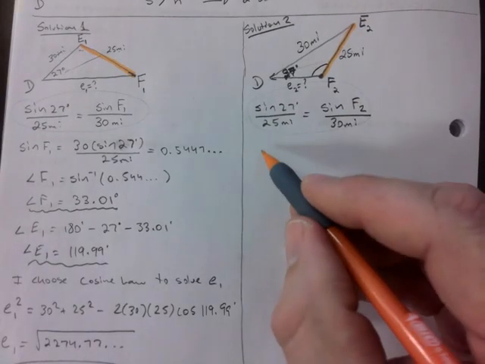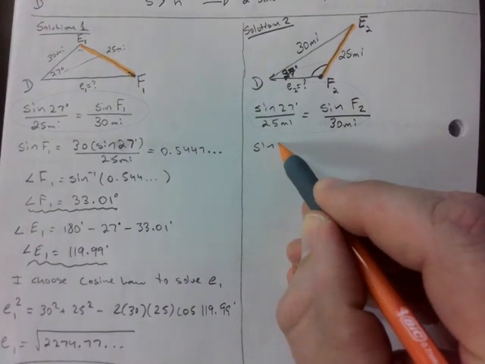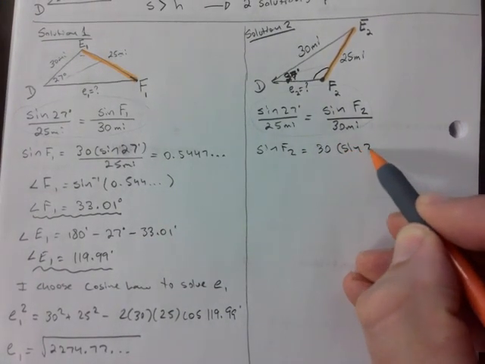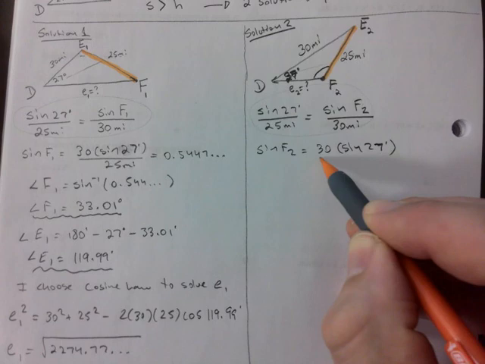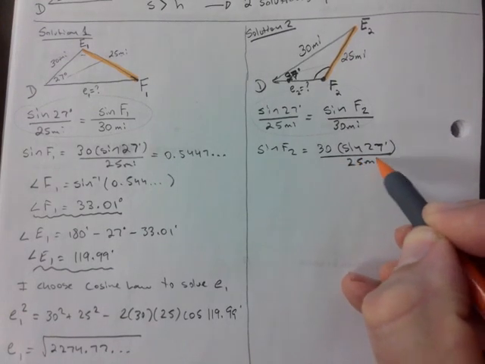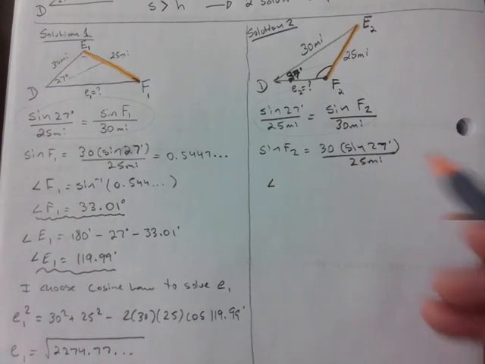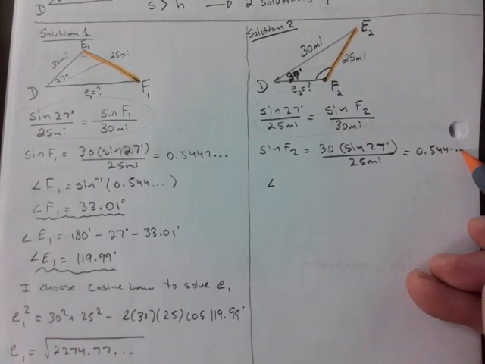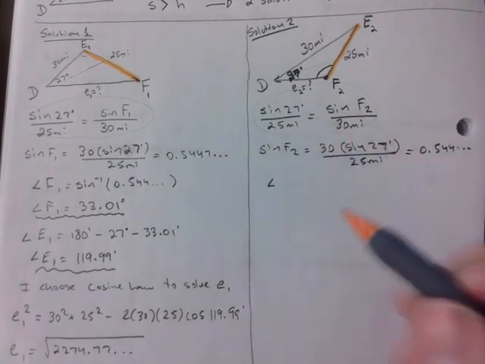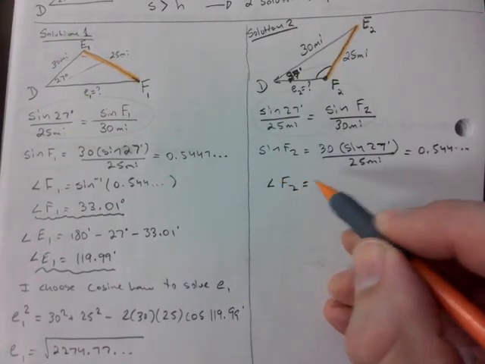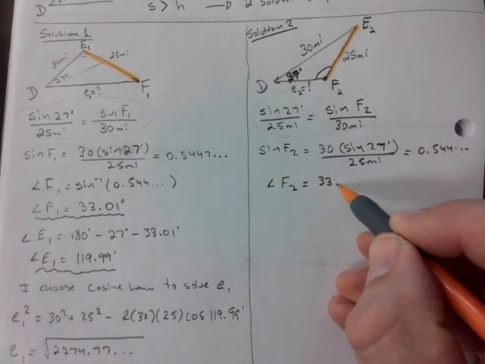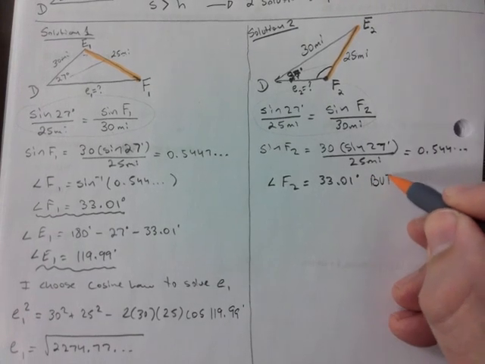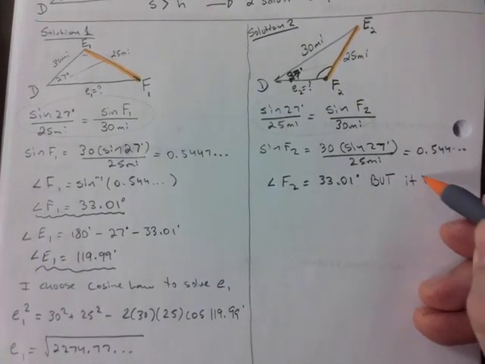That's the problem here. So I'll say sine of F2 is 30 times sine of 27 divided by 25 miles. That is 0.544, just like before. Angle F2 is 33.01, but it is obtuse.